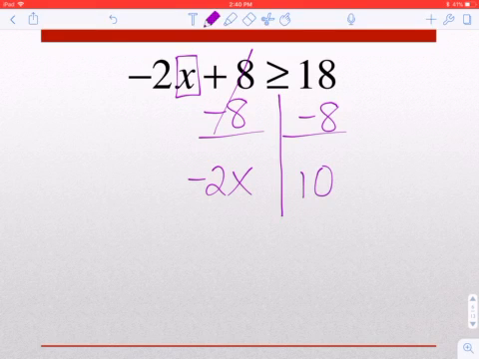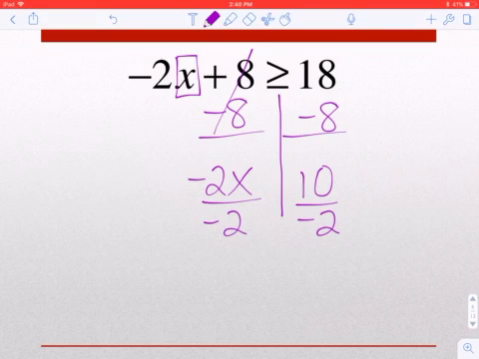Our next step is to get rid of the negative 2, and to do this, you're going to divide both sides by negative 2. Since I am dividing by a negative, you have to remember your special rule, and that is that we need to flip the inequality sign. From here, 10 divided by negative 2 is negative 5.